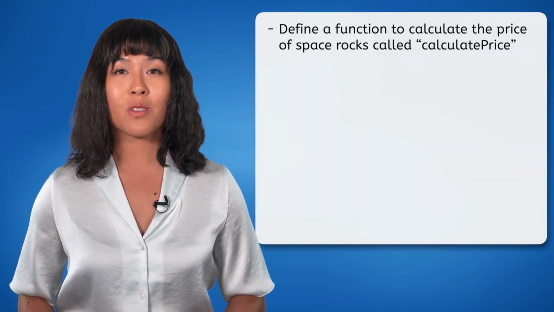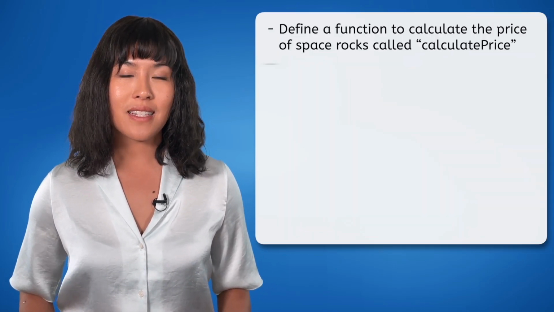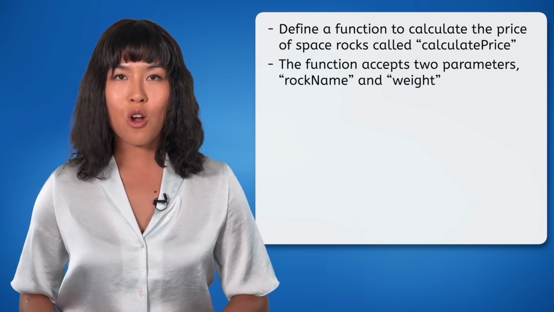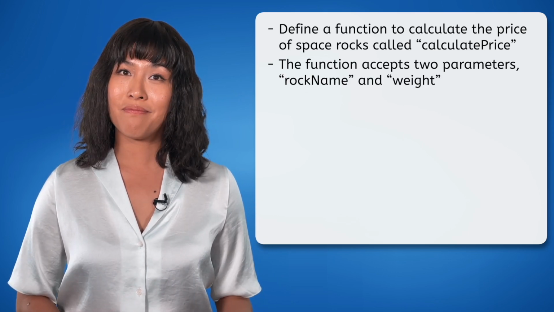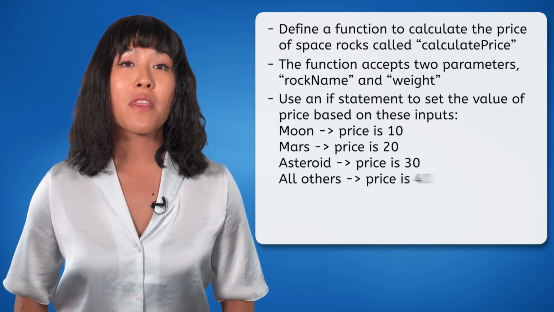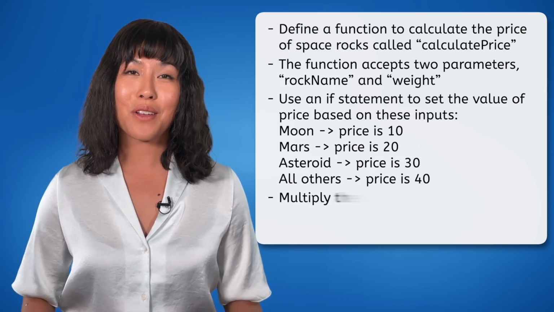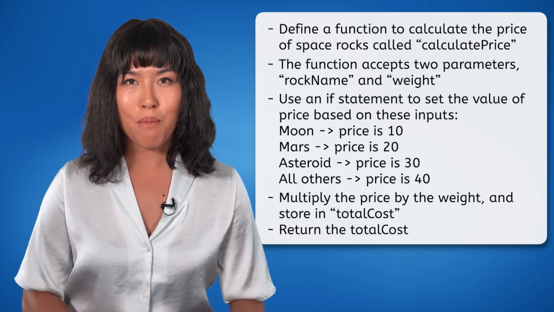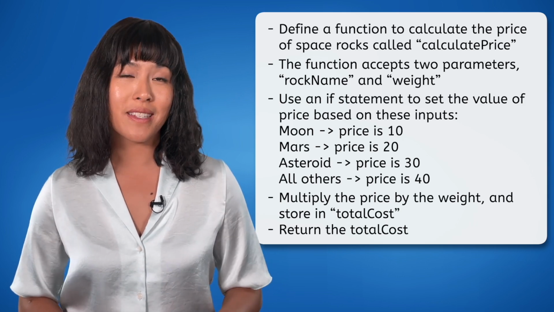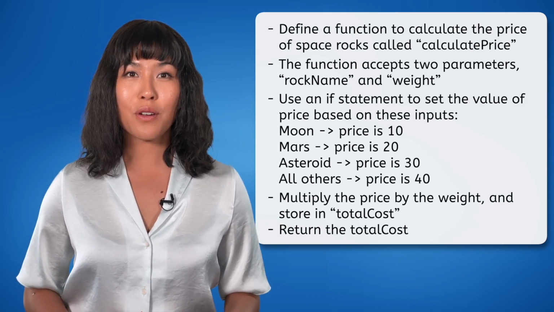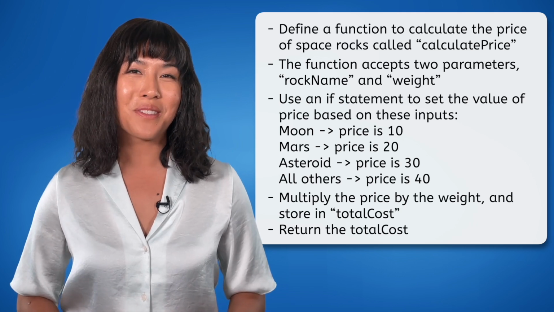In this example, we define a function called calculatePrice that takes two parameters, rock name and weight. Based on the provided rock name, the function determines the price per kilogram and then calculates the total cost by multiplying this price by the weight. Try creating this function in your guided notes now.